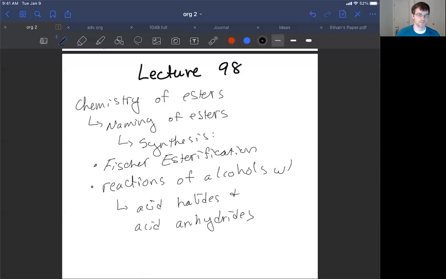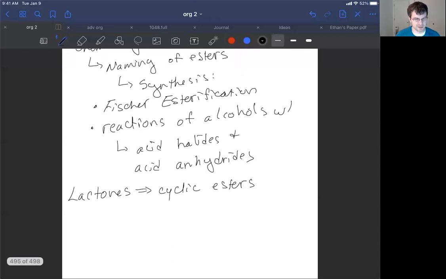So what I want to talk about a little bit is some esters that we haven't seen yet, and these would be lactones. So lactones are important esters. These are simply, very simply, don't make it too hard, cyclic esters. They just have a name that doesn't really sound like an ester, okay? So lactones, these are cyclic esters.